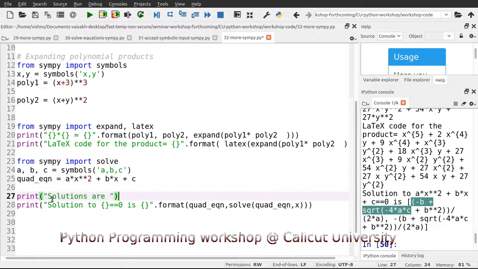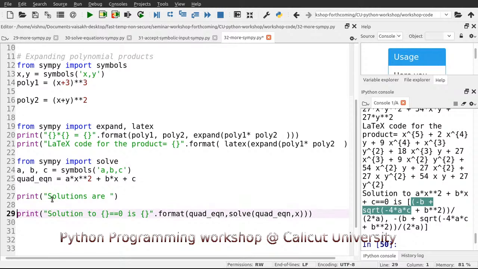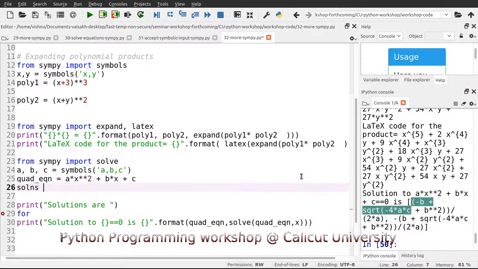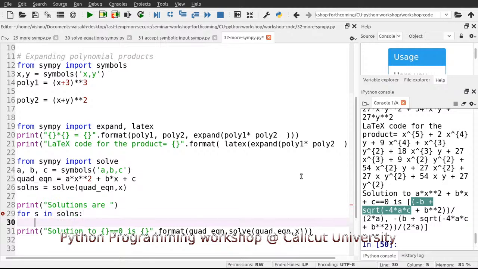Let us now, for each of the solutions, where is the solution saved? So let us save the solution into some variable, and we can loop through it. Solutions is this. For yes in solutions, print LaTeX yes.